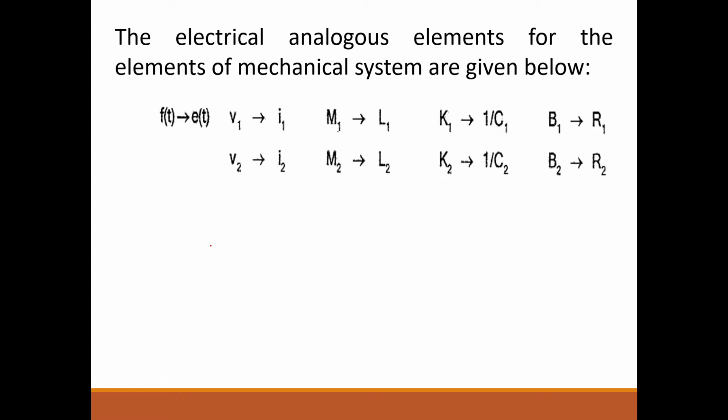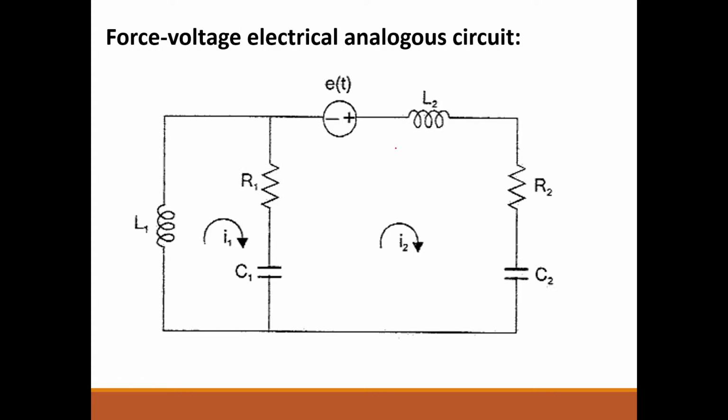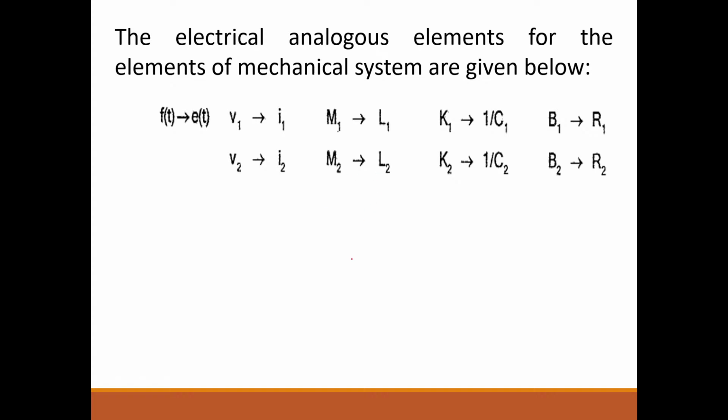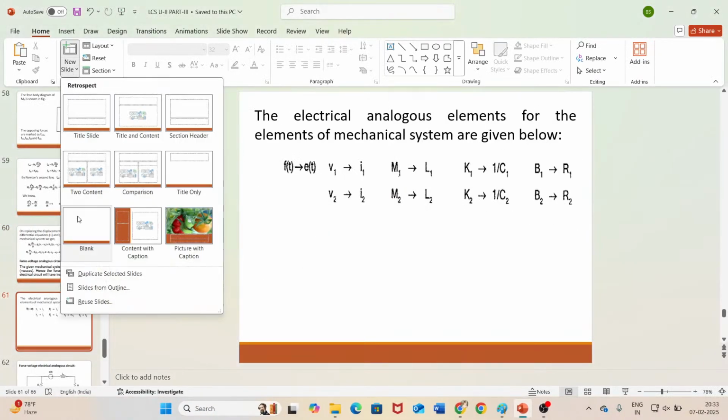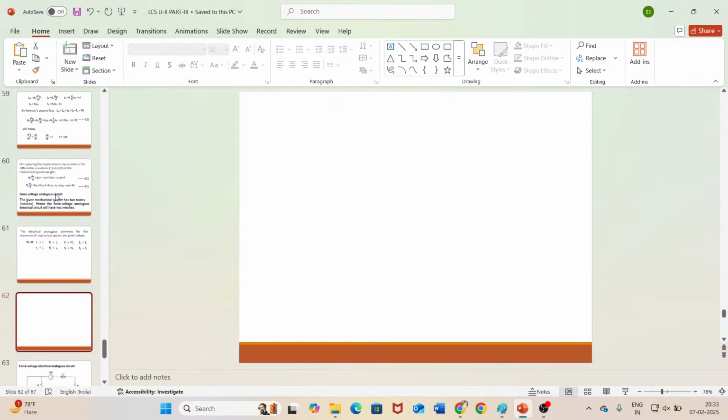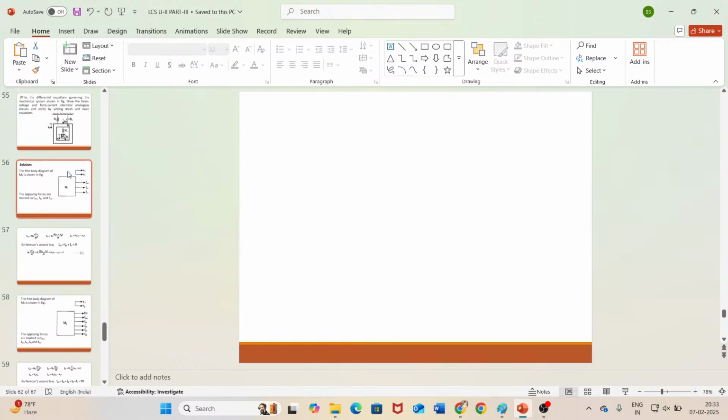It won't take much time to write down these elements and the analogous elements. Now let us design the electrical circuit. I have already designed here, but I will take an empty page, and it's better if I change my cursor. I will take an empty page and just copy this image.